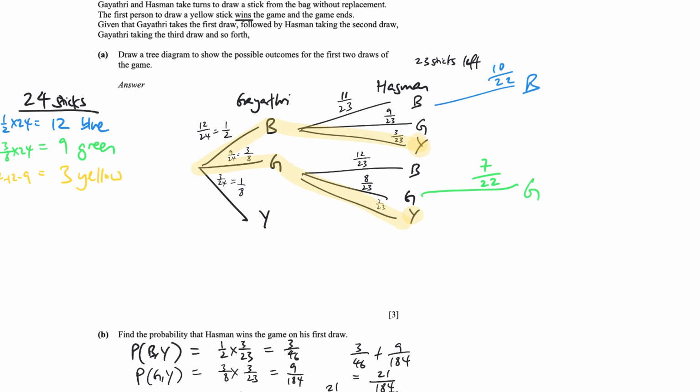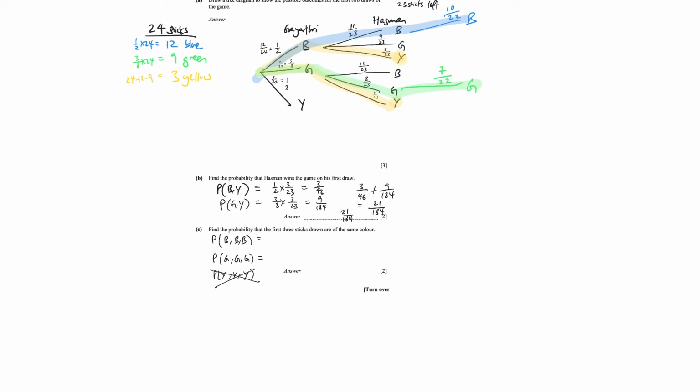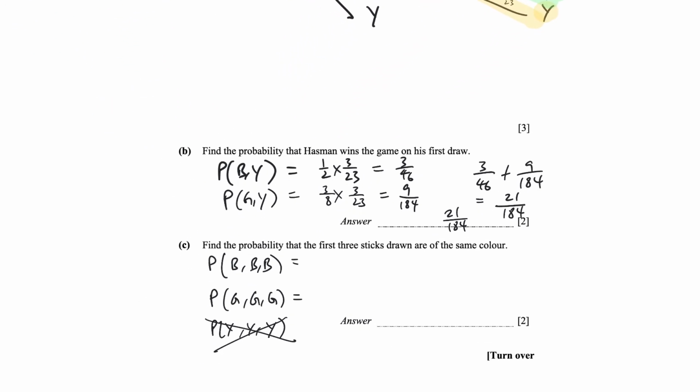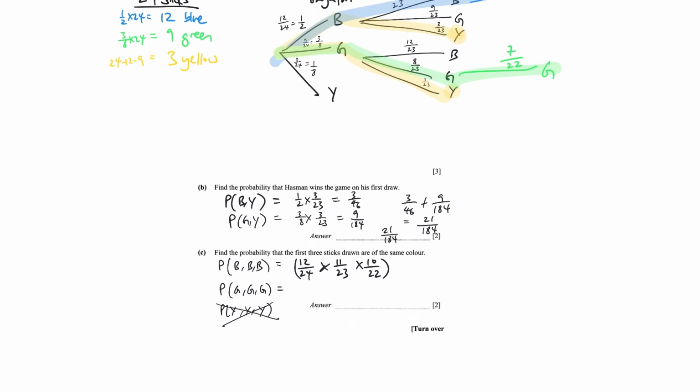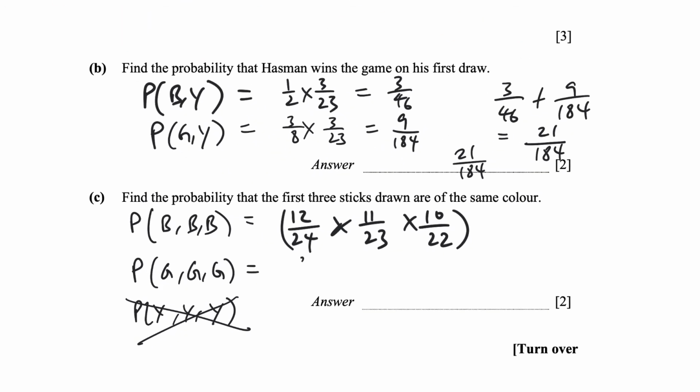So blue, blue, blue is simply 12 over 24 multiplied by 11 over 23 multiplied by 10 over 22, and green, green, green is simply 9 over 24 multiplied by 8 over 23 multiplied by 7 over 22.